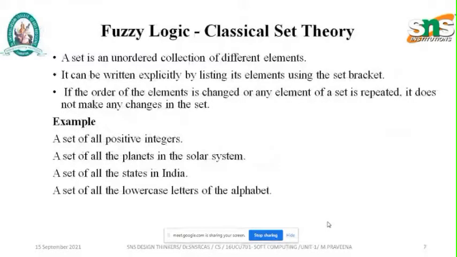So let us see about fuzzy logic and classical set theory. Classical set theory means normal set theory, what we have studied in mathematics. So what is a set? A set is an unordered collection of different elements. The collection of elements is called a set.